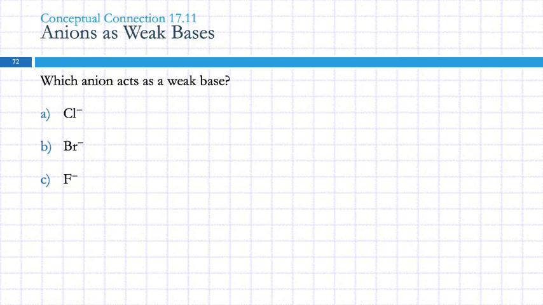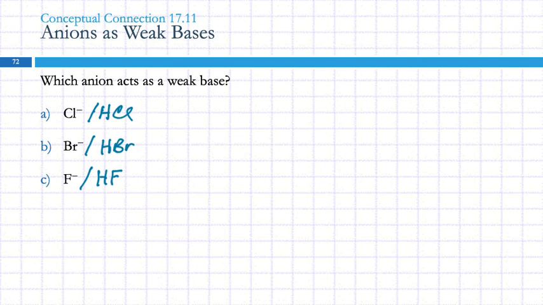Which of these anions acts as a weak base? What are we looking for? We want to look at their conjugate acids, right? So the conjugate acid for Cl minus is HCl, for Br minus is HBr, and for F minus is HF.